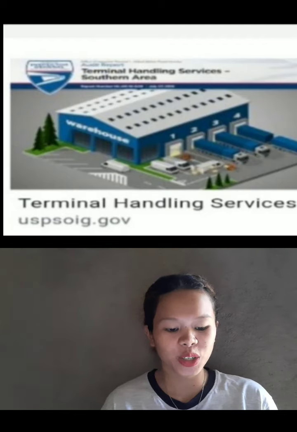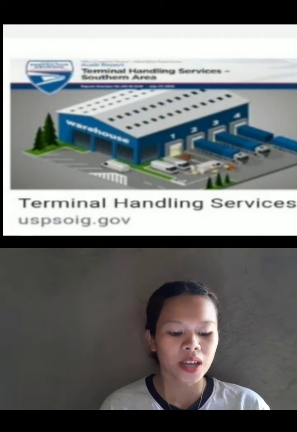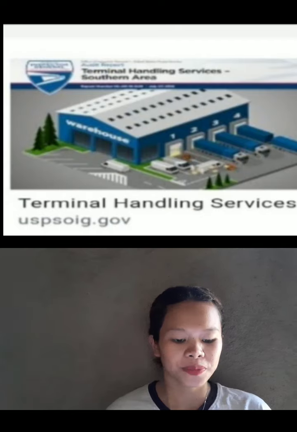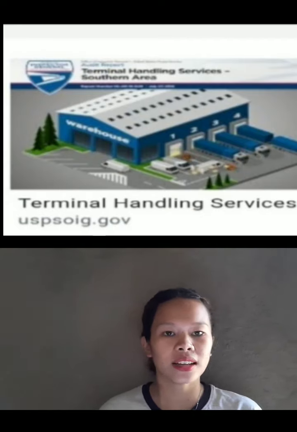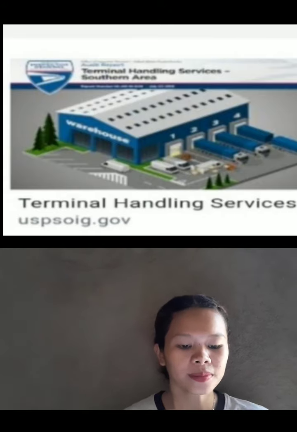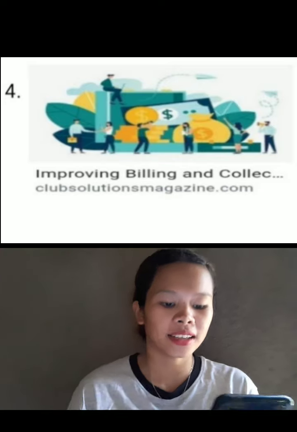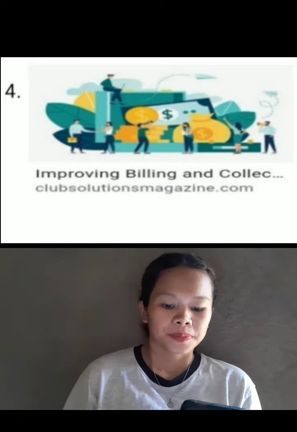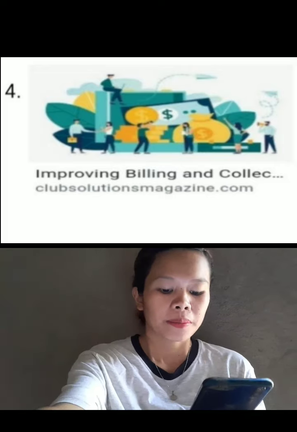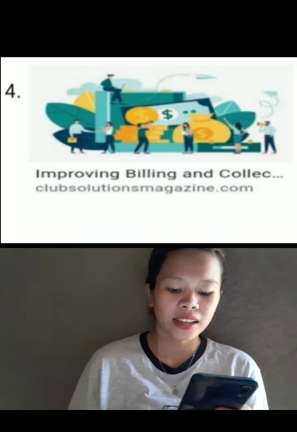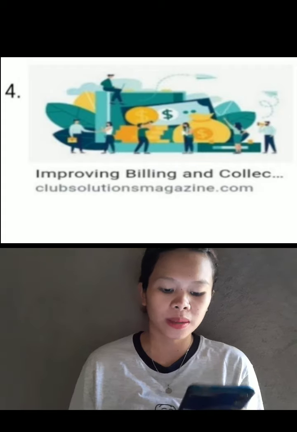At the destination, the goods must be unloaded, sorted, and loaded into a local delivery vehicle. So let's proceed to the billing and collecting. Every time a shipment is made, paperwork must be done and an invoice made out.